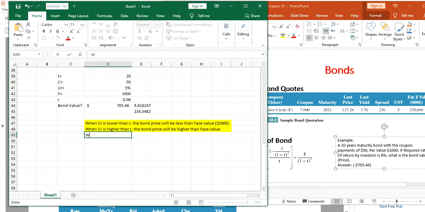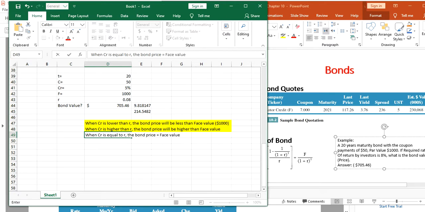When CR is equal to R, the bond price equals the face value. No change.